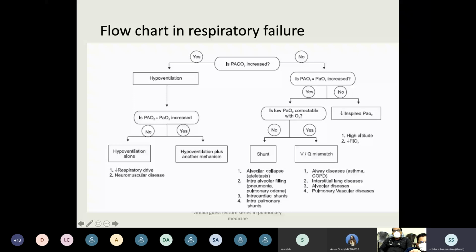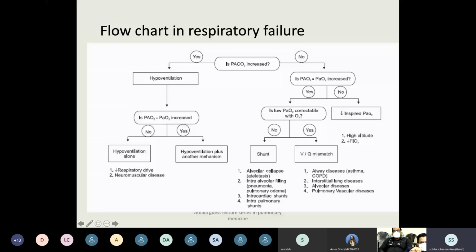So if the PaO2 is correctable with oxygen, yes, it means VQ mismatch, as in airways disease like asthma, COPD, alveolar diseases like pneumonia, pulmonary edema, and so on, pulmonary vascular diseases. So they all account for high alveolar arterial gradient with low PaO2, which is correctable with oxygen.